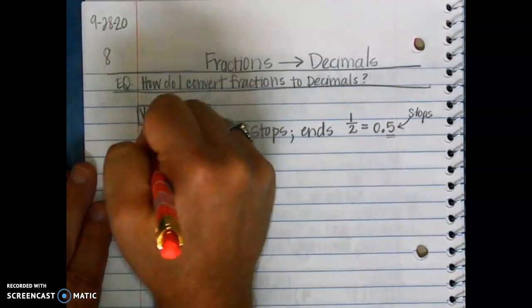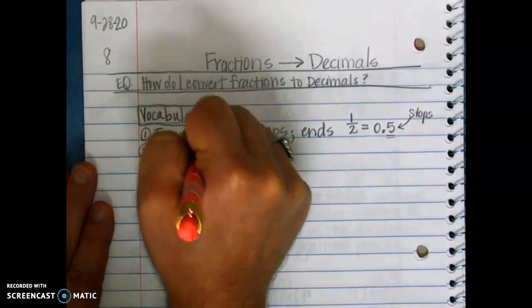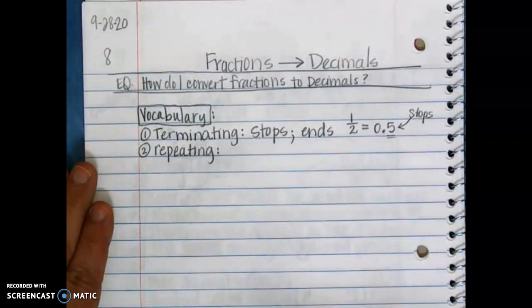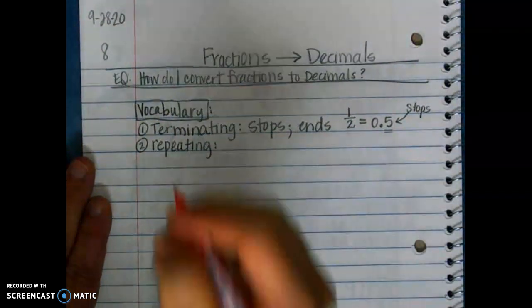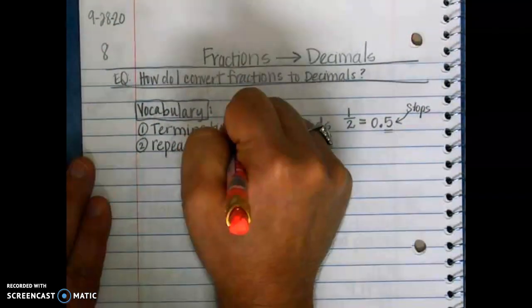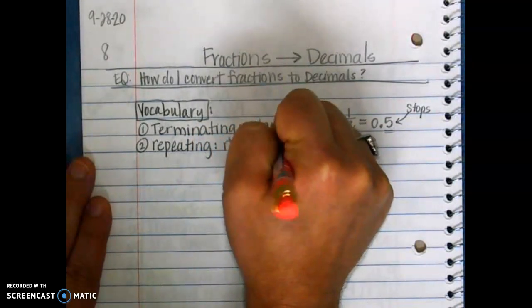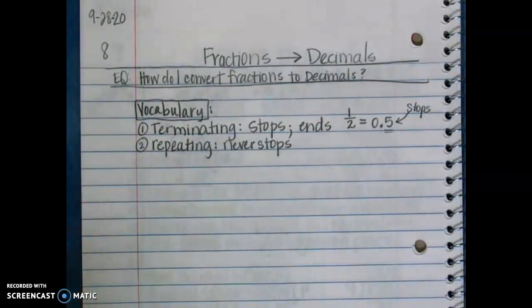Now, there's another kind of decimal, and it's called a repeating decimal. Those of us that were in class, that's what we kind of saw a little bit when we were doing one of our division problems. Basically what it means is it never stops. When you're dividing, you're going to see a pattern, and it's going to go over and over and over again.